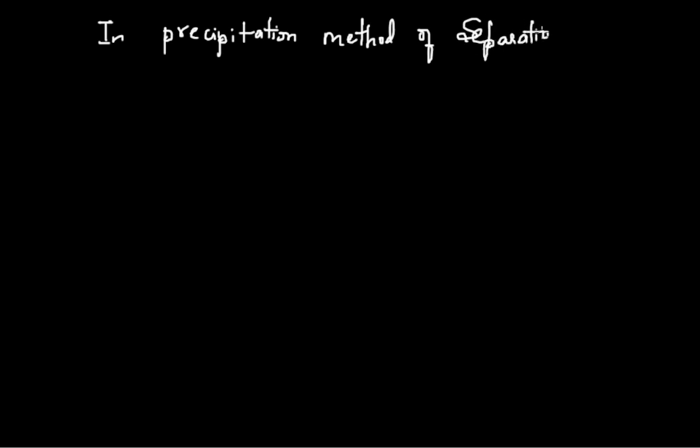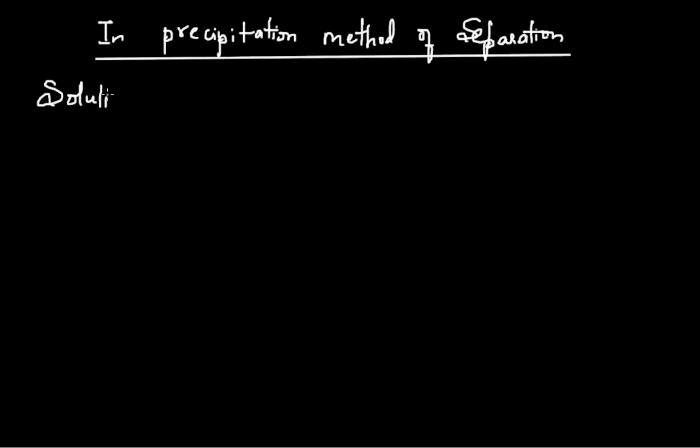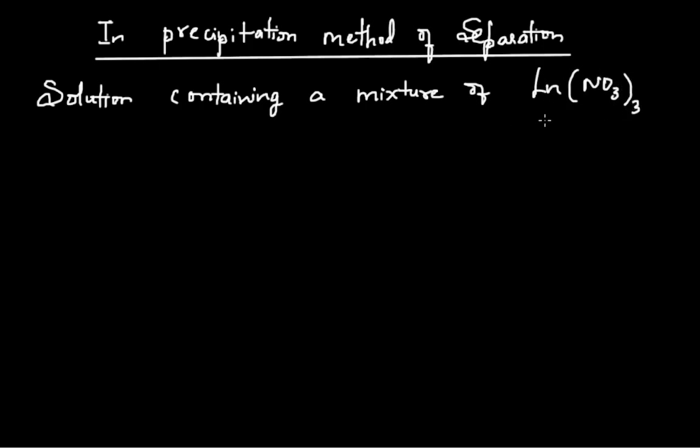So in precipitation method of separation, what happens is we take a solution containing a mixture of Ln(NO3)3, which is a general mixture of lanthanide nitrates.